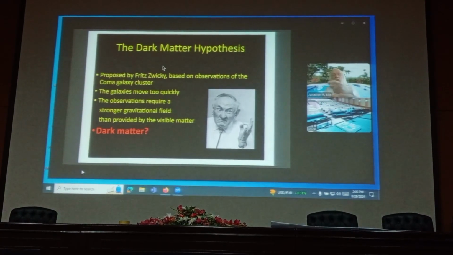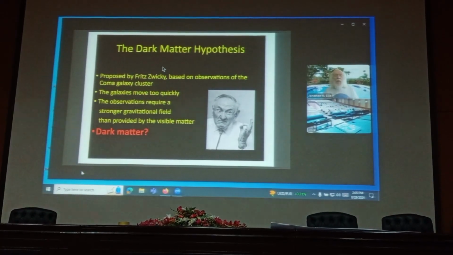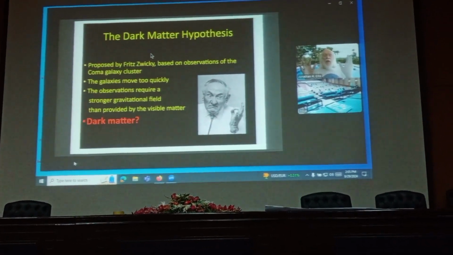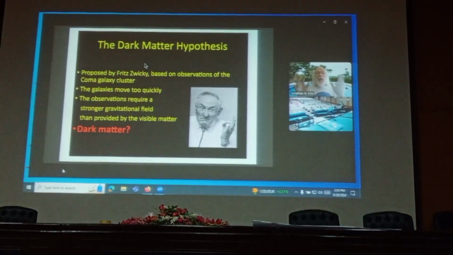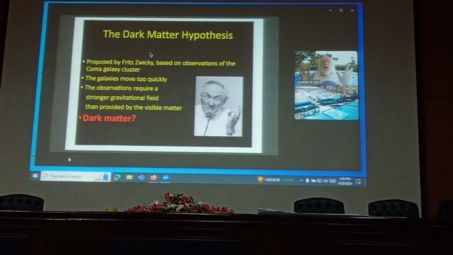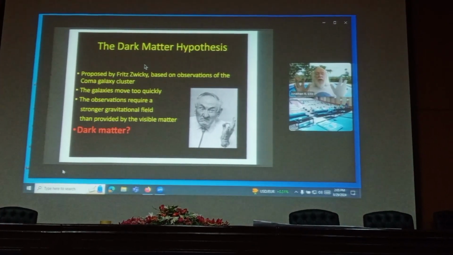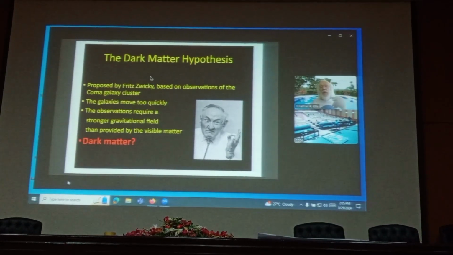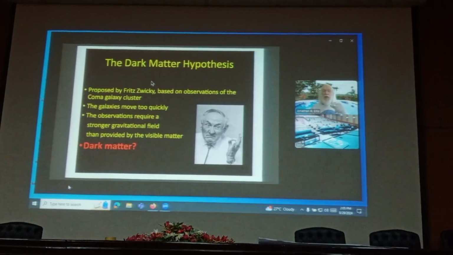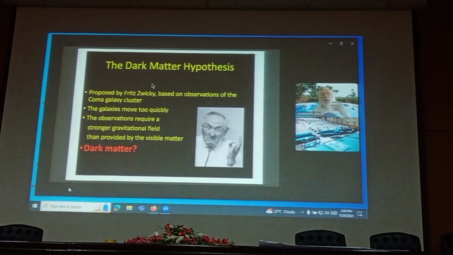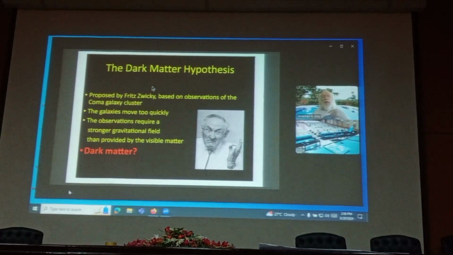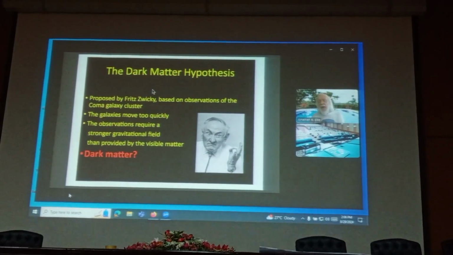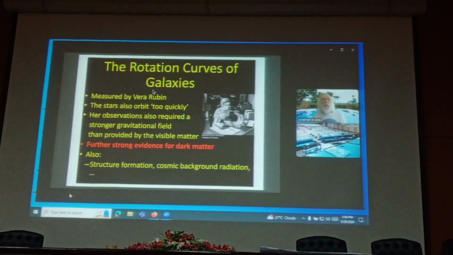And what he observed was that the galaxies in this cluster were moving around too quickly, in the sense that in order to hold those galaxies together, you needed a stronger gravitational field than what was provided by the visible matter, in particular the matter in the galaxies themselves. So he said that in addition to the gravitational field that we can calculate, there must be some additional gravitational field generated by invisible matter, so-called dark matter.